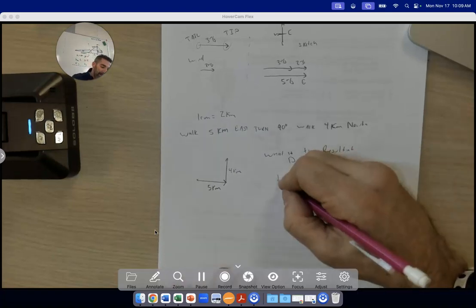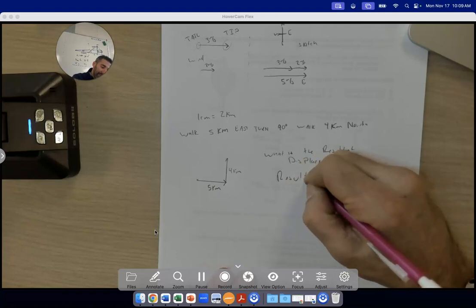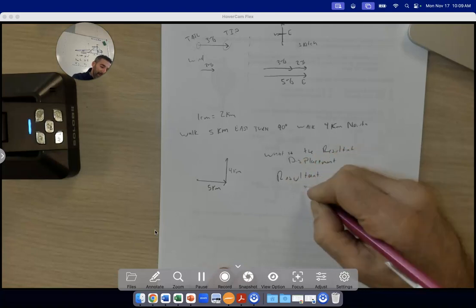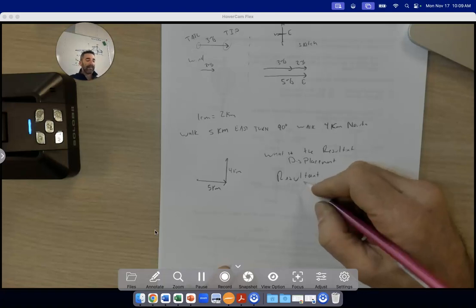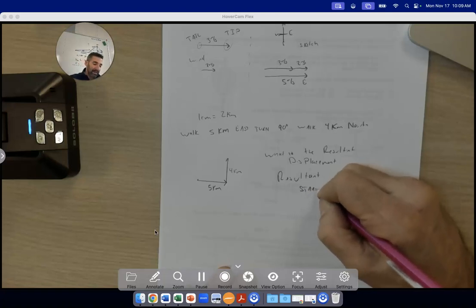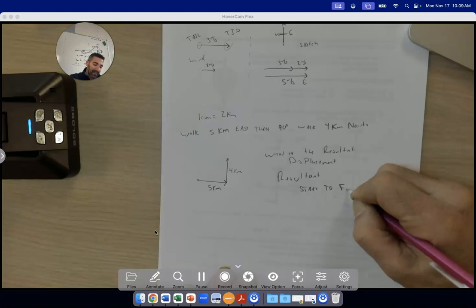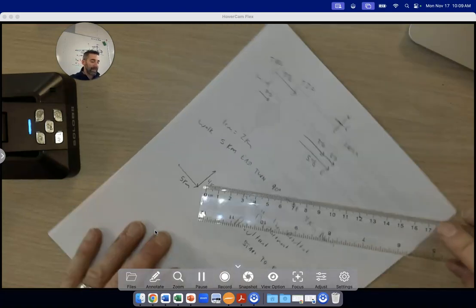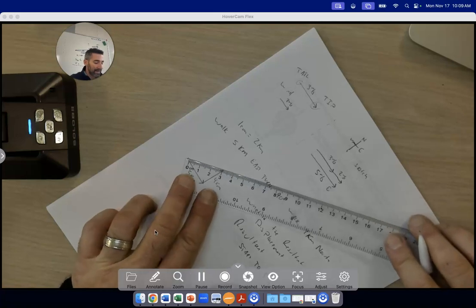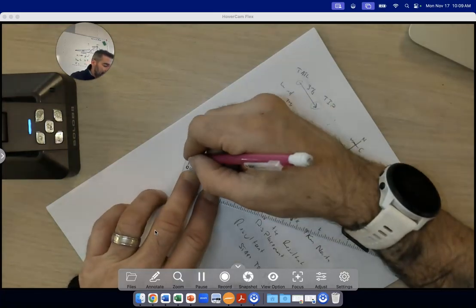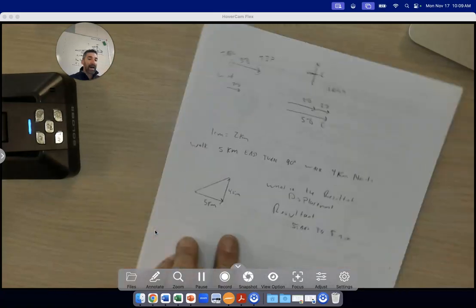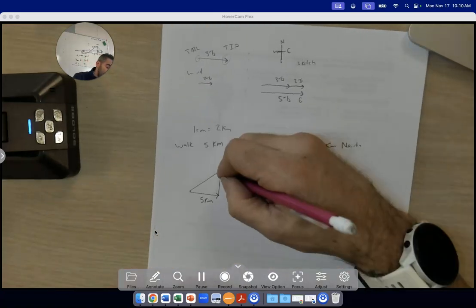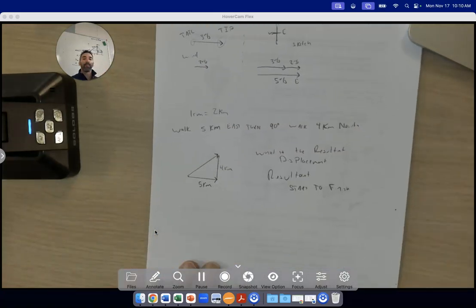My resultant, by definition, is something you already know: my distance from start to finish. So I take my ruler, that's where I started, that's where I ended. I draw my line. Now that's not a vector because it's just a line, so I put my arrow there.